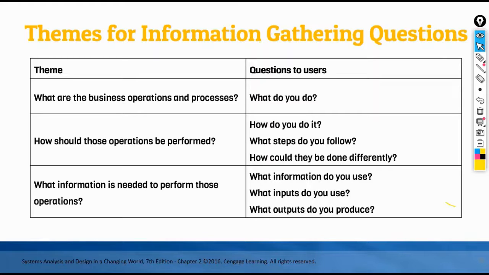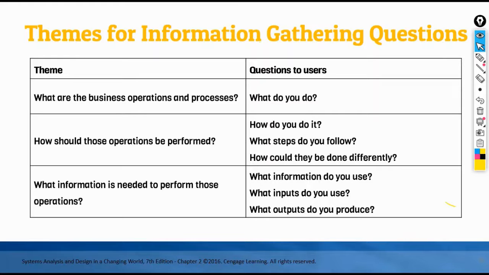The second question, how do you do it? Or generally, how can it be done? It moves the discussion from the current system to the new system. The focus here is on how the new system should support the function rather than on how it is performed under the existing system.